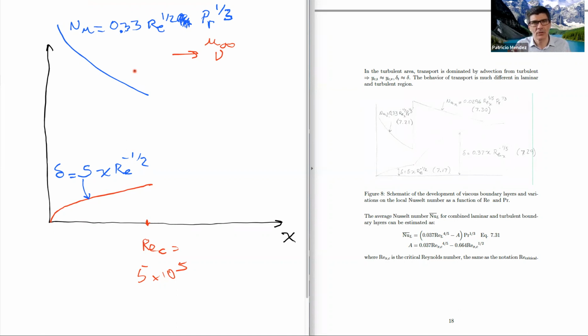In addition, not only do they dominate and become similar, but this transport of heat and momentum is much bigger. So what do we see? We see that the boundary layer all of a sudden becomes a lot thicker.